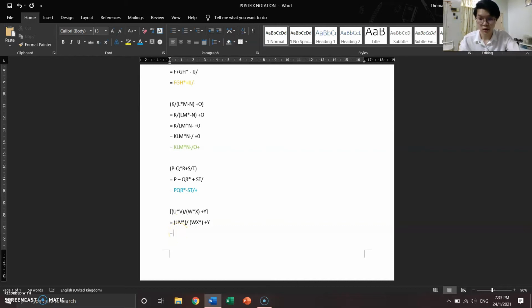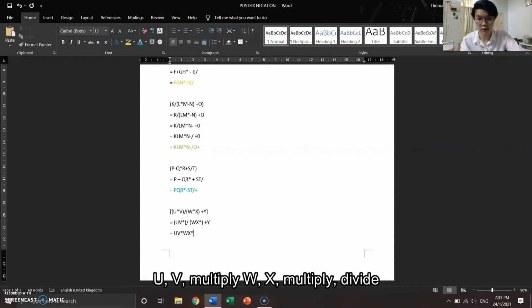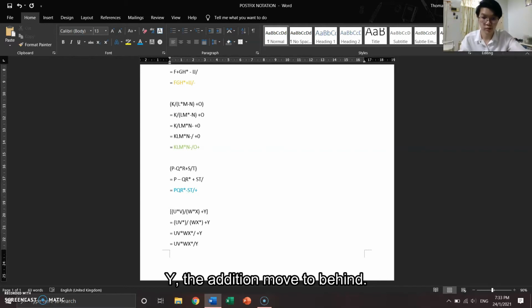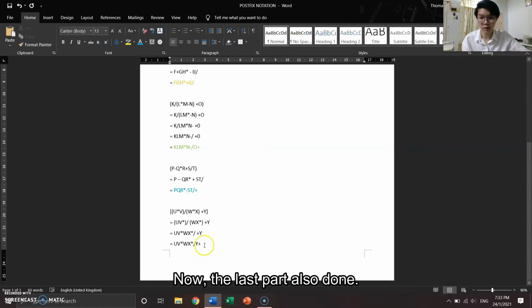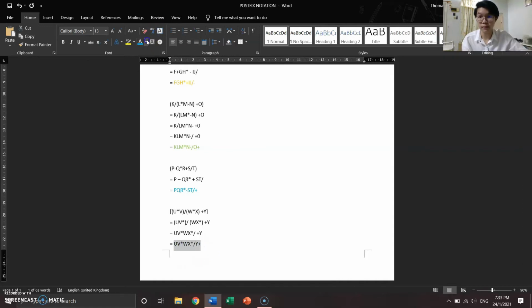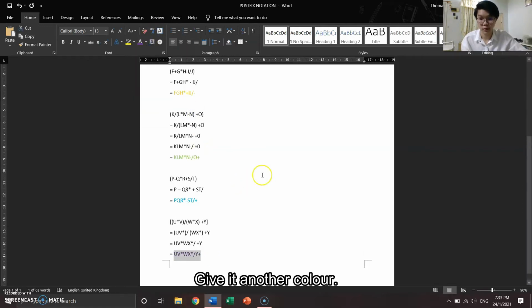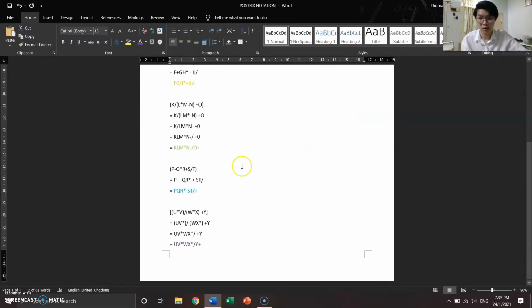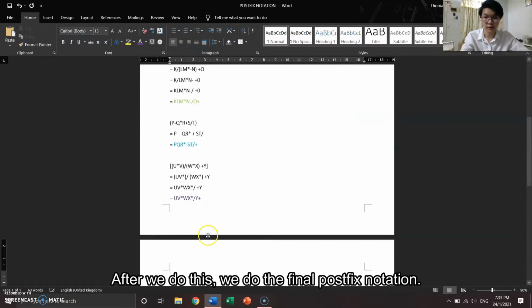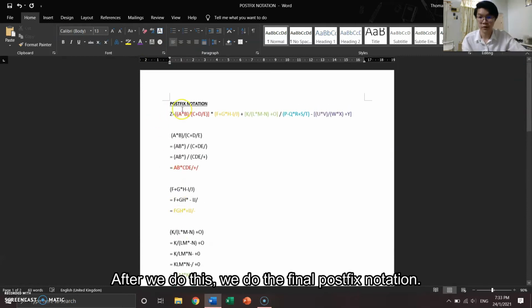So uv multiply wx multiply divide, then plus y remains. Now for the final: uv multiply wx multiply divide y, the addition moves to behind. Now the last part is also done. Give it another color. After this, we do the final postfix notation.